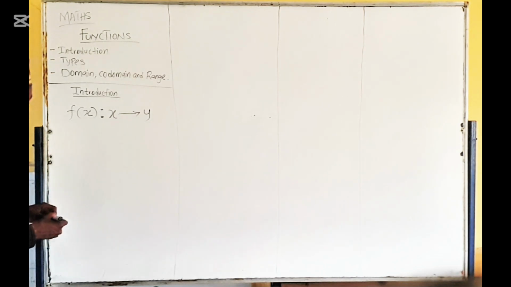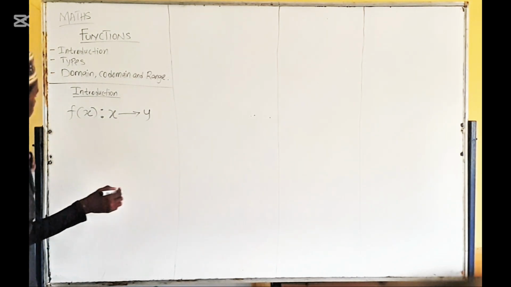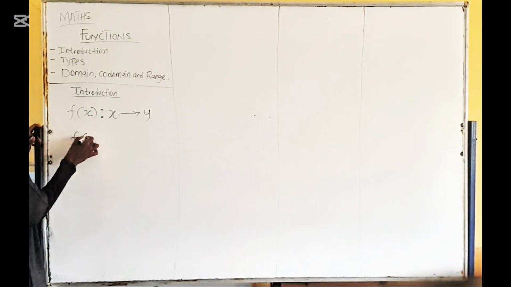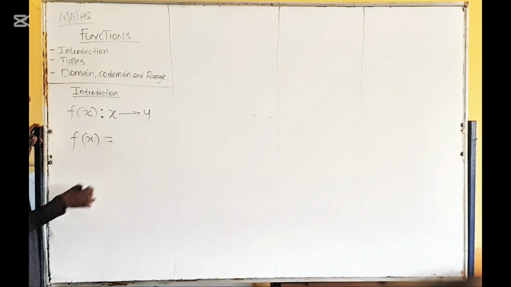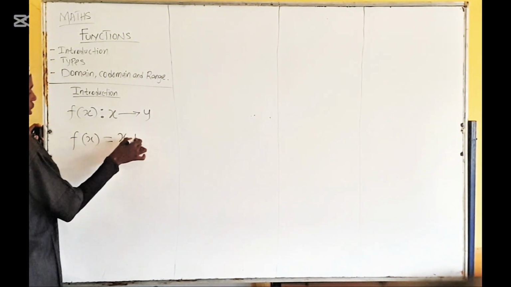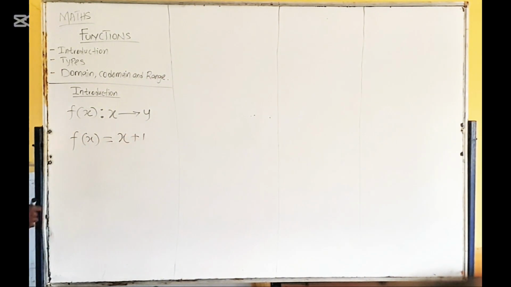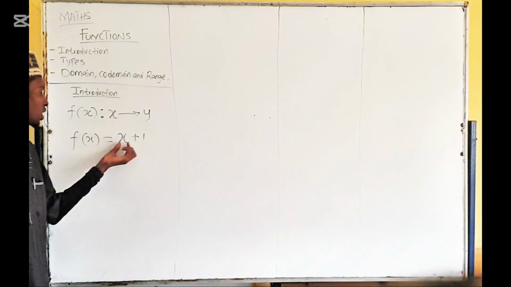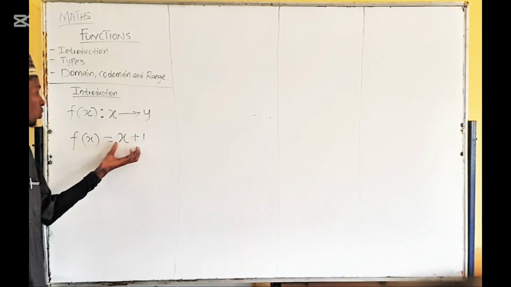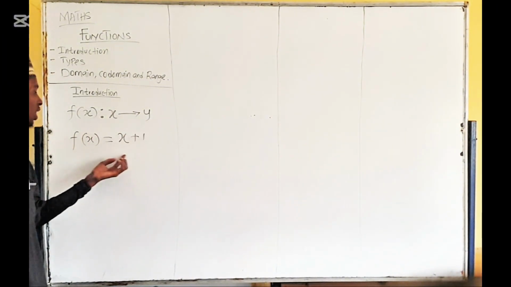For example, let me give us an example of functions. For example, we have f of x is equals to x plus 1. This one is a function because f of x is the name of the function, x is the input of the function, and here is the variable. So this one is the relationship, the law of the function. What's the law here?